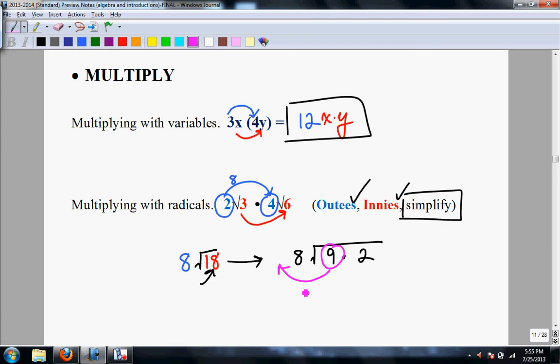It gets paroled to a 3. So on the outside, we're going to go 3 times 8, square root of 2. 3 times 8 is 24, square root of 2. Now you are done. So you multiply the outies, you multiply the innies, and then you simplify.